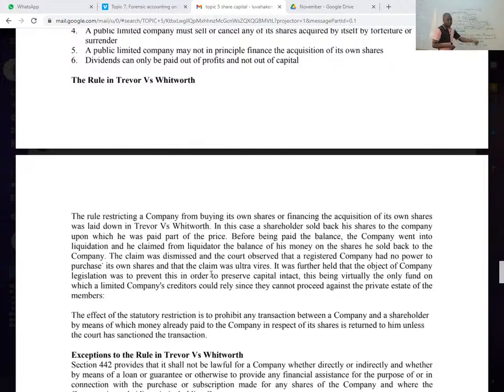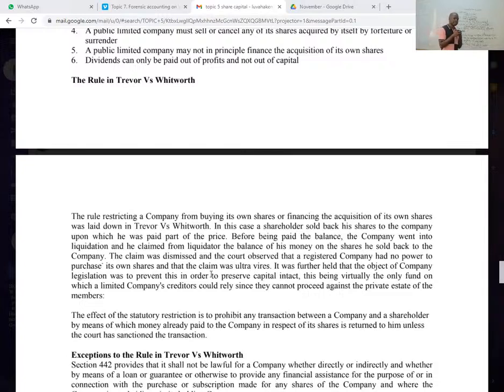So what you need to know is that this rule, like other major rules you come across in company law up to this point, has exceptions. It does not prevail always. Under certain special circumstances, the company can buy its own shares. Under certain circumstances, a company can finance another person to buy the shares of the company.